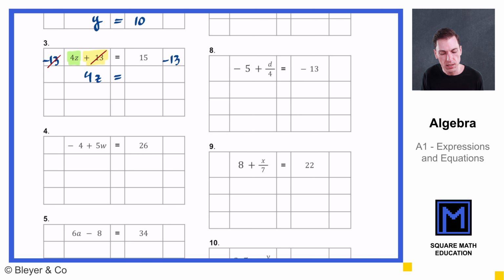On the other side, we have 15 minus 13 that left us with 2 units. Let's divide now both sides by 4. Since we multiply by 4, the inverse operation is divide by 4. Dividing by 4, equal sign, 4 divided by 4 cancels out, we have z.